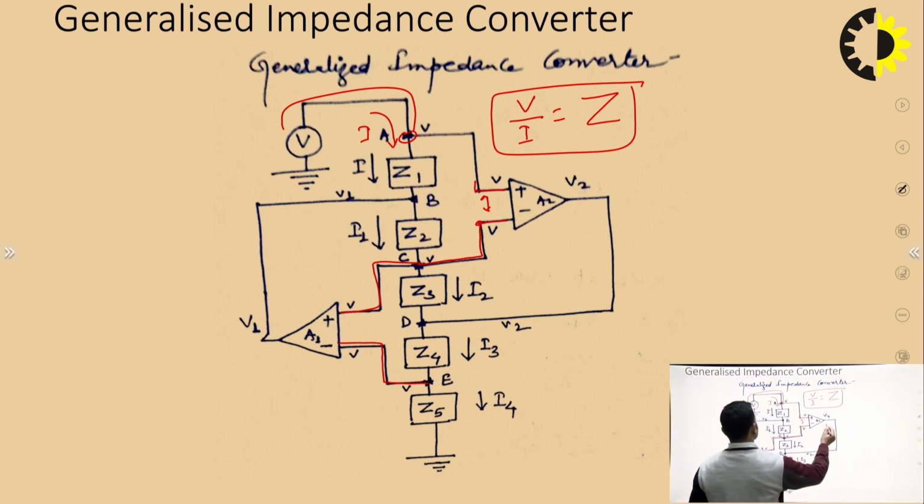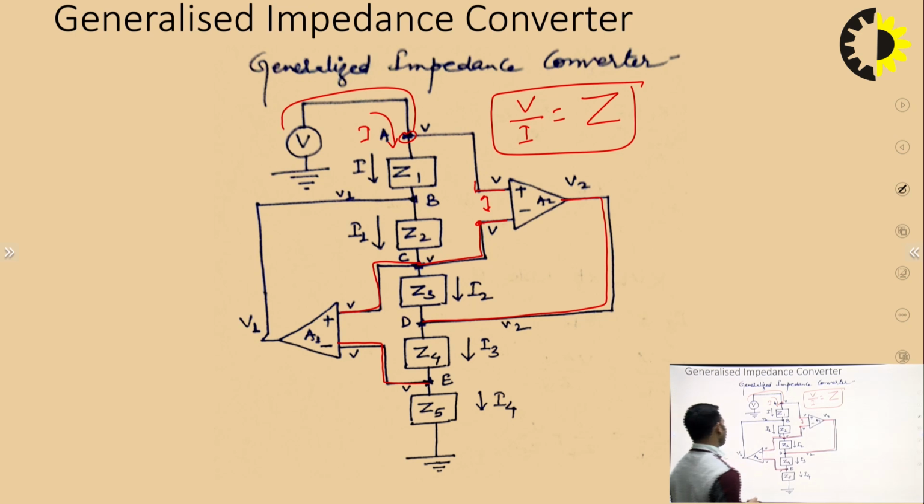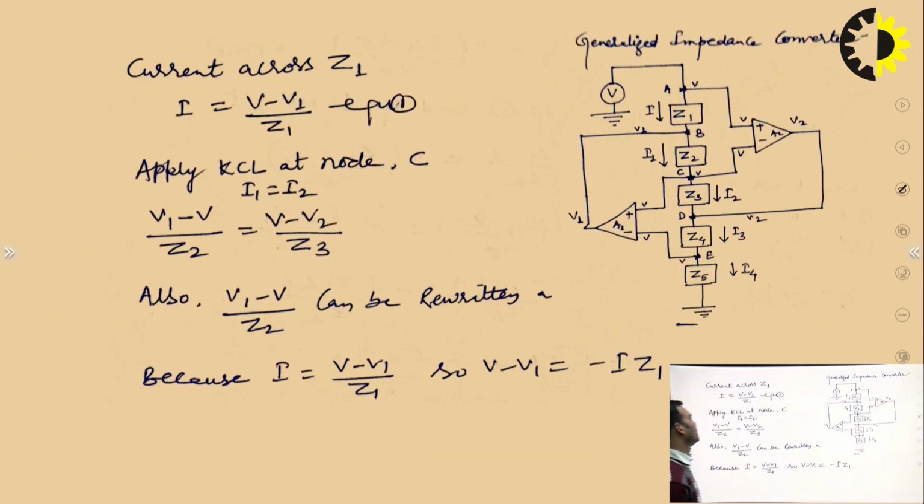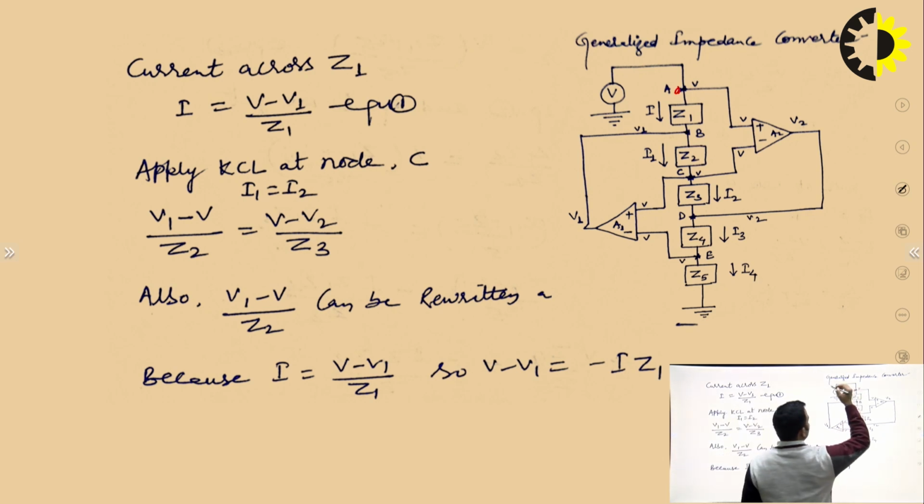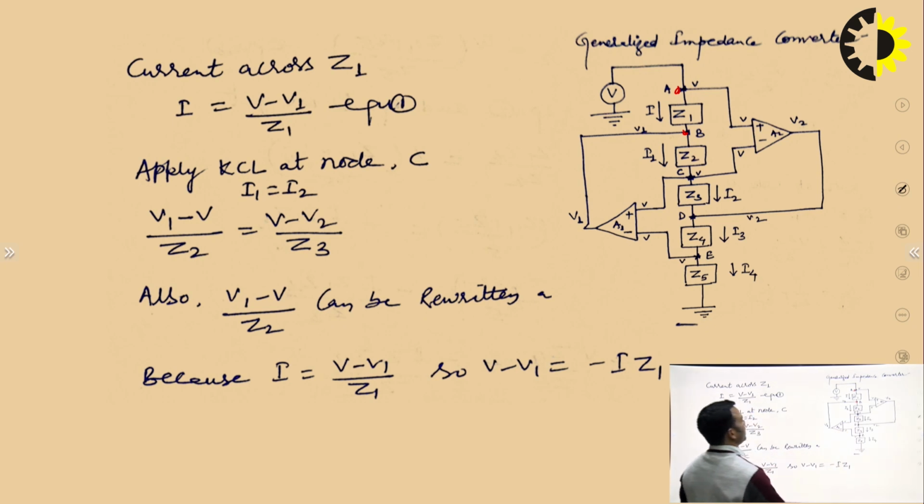Let us consider that this is V2, which is connected here, and we have considered that the output of this is V1. Now, we will find out current in each and every branch. So, let us check Z1 and the current across Z1, and the current across Z1 will be equal to this voltage V minus V1 divided by the impedance Z1. So, I will be equal to V minus V1 upon Z1.